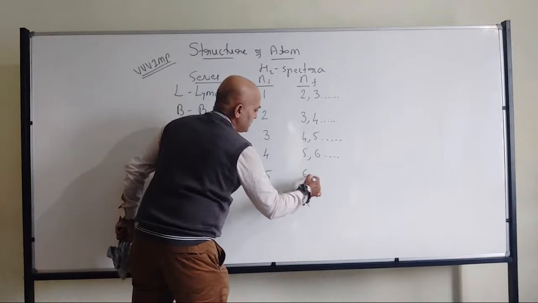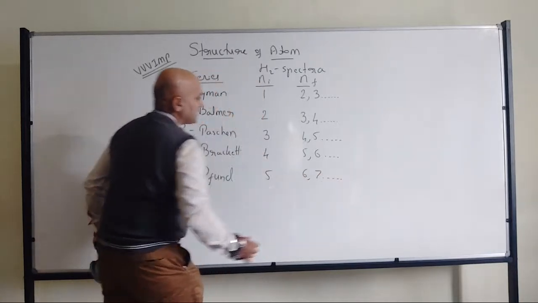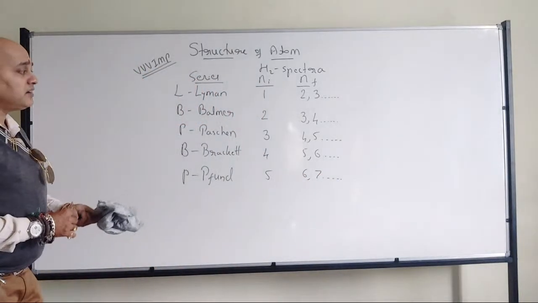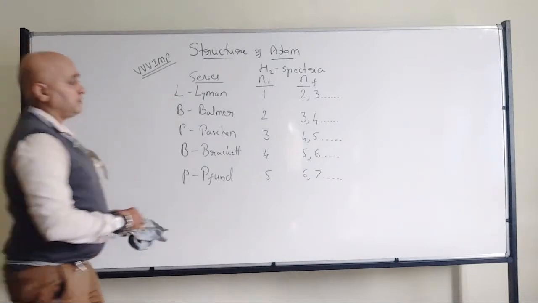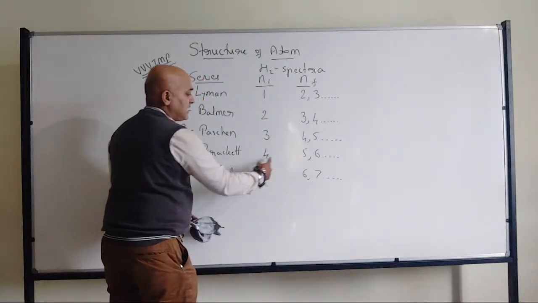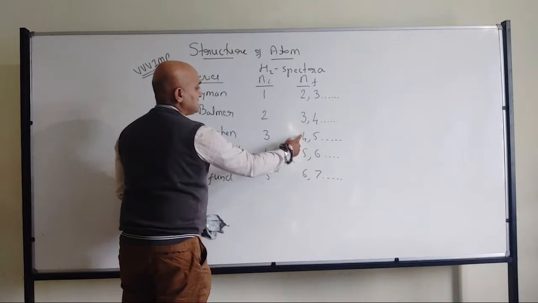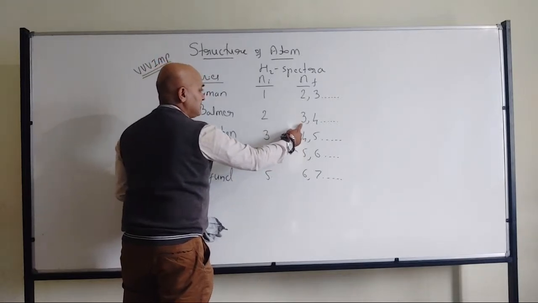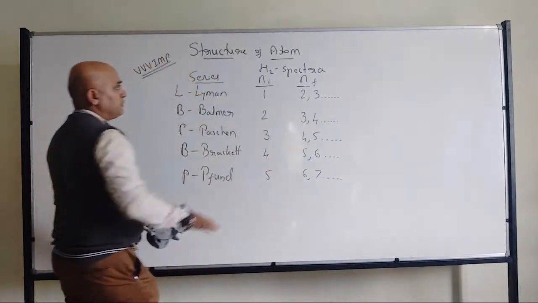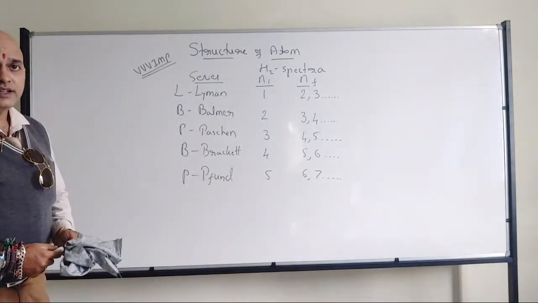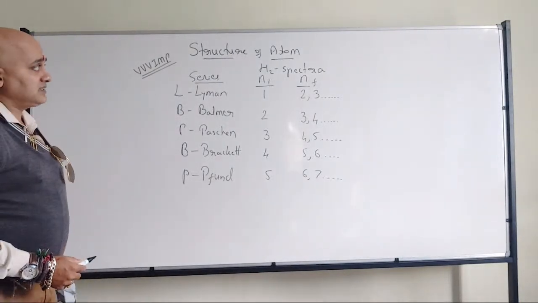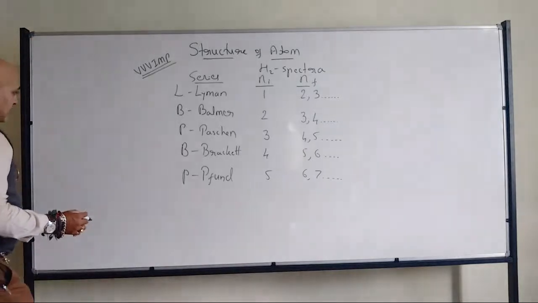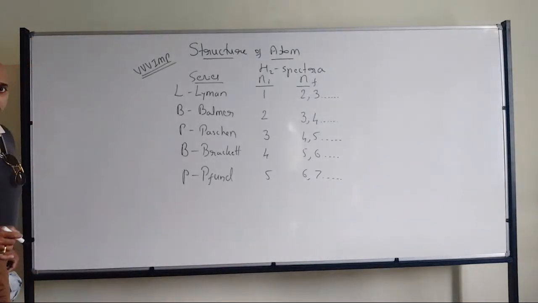Then 5, it can be 6, 7 or anything. But not 5 or less than 5. Not 4 or less than 4. Not 3 or less than 3. Not 2 or less than 2. Like that it should be written. What I mean to tell here is, if you observe it carefully, this table you have to give.